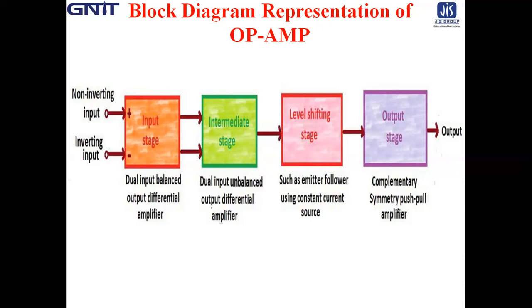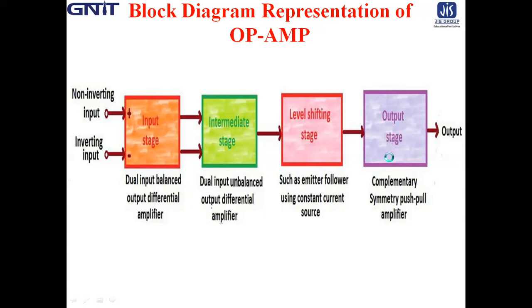Here an emitter follower with a voltage divider or with constant current bias is used as a level shifter of the op-amp. This stage is also referred to as a buffer stage, and its high input resistance prevents loading down the high gain second stage.